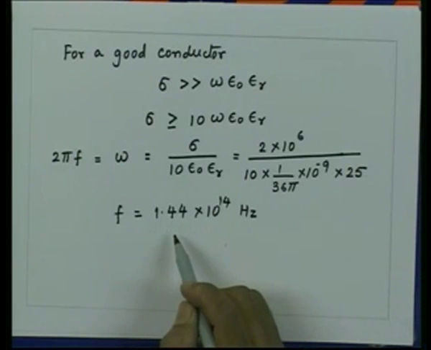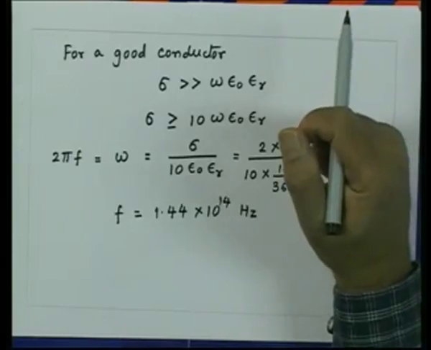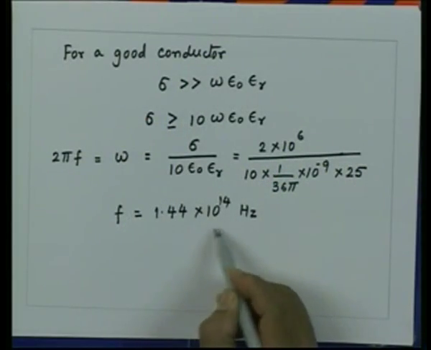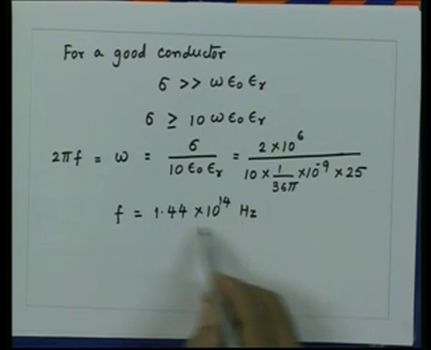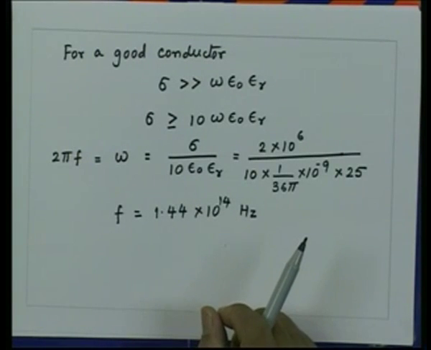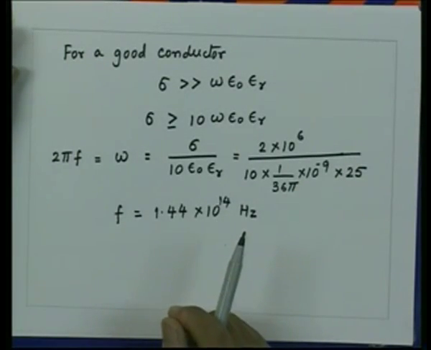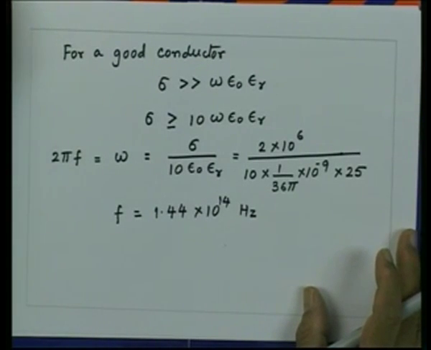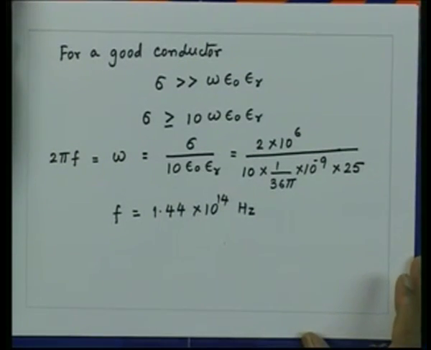So, what that means is that when the frequency is about 10 to the power 14 hertz, the material will stop behaving like a good conductor, and this frequency, if you recall, is the frequency of visible light somewhere here. So, by the time we reach visible light frequencies, the material which has the conductivity of 2 into 10 to the power 6 and that dielectric constant would no longer work like a conductor, it will start behaving more like a dielectric.